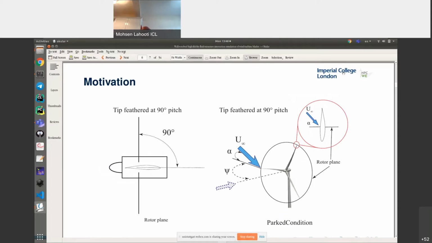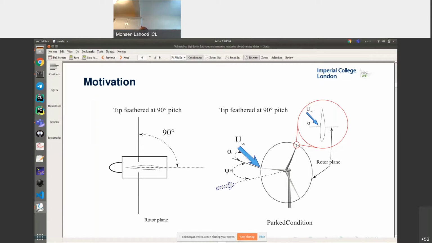In this situation, the tip of the blade is feathered to a 90-degree pitch. In the ideal condition, we would have the incoming flow normal to the rotor, but because the yaw system usually doesn't work in that condition, we will have an inclination angle psi. So there will be an angle between the incoming wind and the rotor plane.